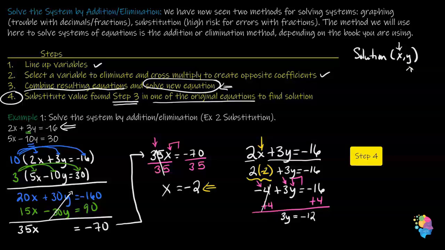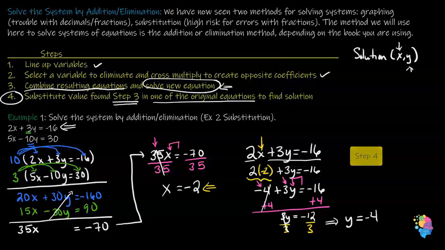Finally, remember, we still need to get rid of that 3 that is multiplying y, and we do that by dividing. So from left to right, 3 divided by 3 is 1y, or just y. And on the right side, negative 12 divided by 3. Well, 12 divided by 3 is 4, and since they have different signs, this will be negative 4.